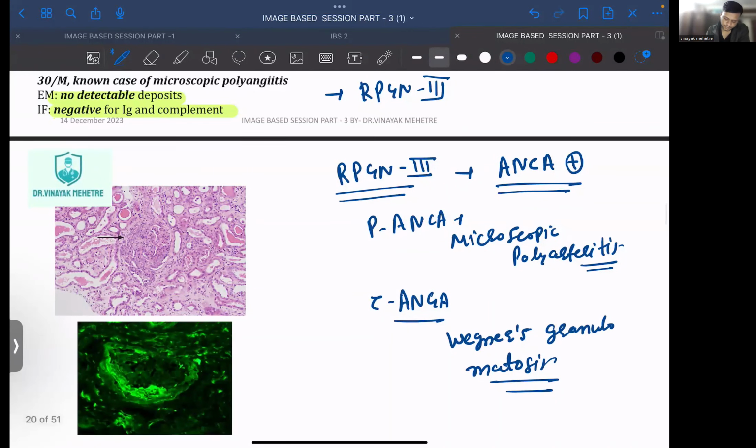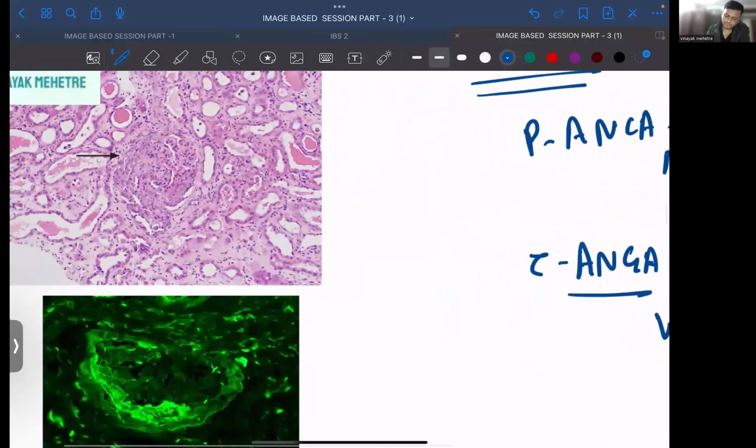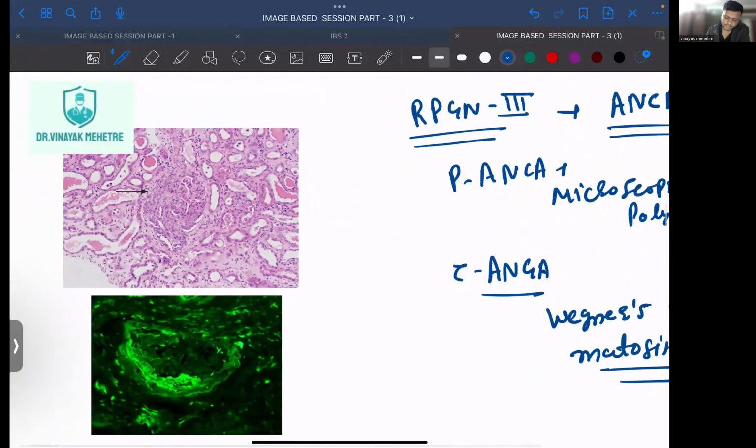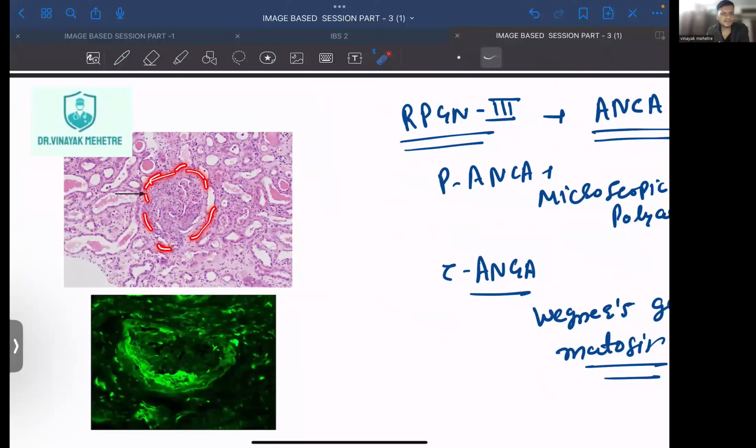Now take a look over here. What are we seeing? Some kind of nodule. If you do electron microscopy, what we are going to see is some kind of nodule. No deposit, but how do we remember it? We are going to see a big nodule in type 3 RPGN.